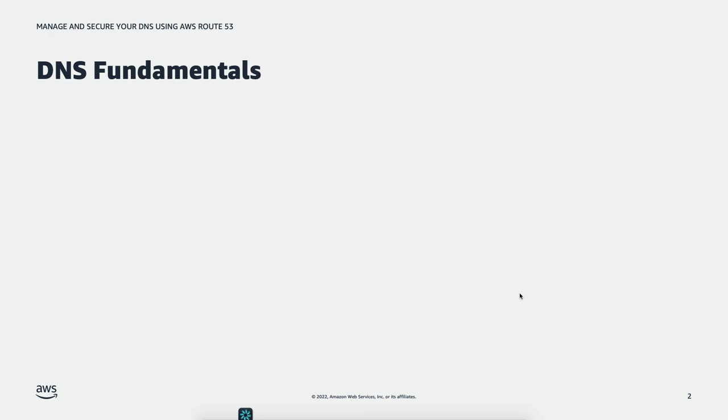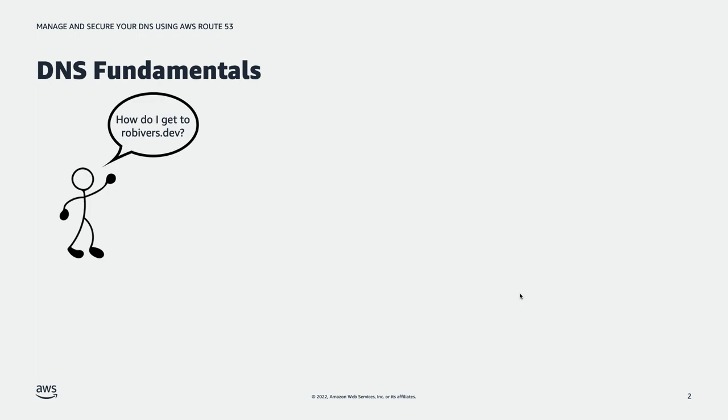So today we're gonna talk a bit about DNS. Before we dive into all of the AWS specifics, I just wanted to quickly recap what DNS exactly is and what it's used for. In this scenario, we have our little stick man called Bob, and Bob would like to go to a domain name.